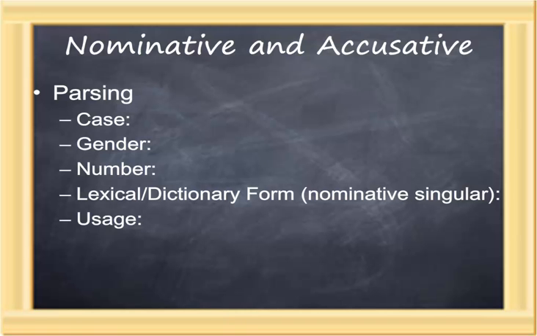Typically, as we approach nouns in these early exercises, I will ask you to parse the noun. That is to tell me its case, its gender, its number, its lexical or dictionary form. A lexicon, that's the word for a Greek-English dictionary. They're generally in the nominative singular, those dictionary forms, and then how it's used in the sentence.